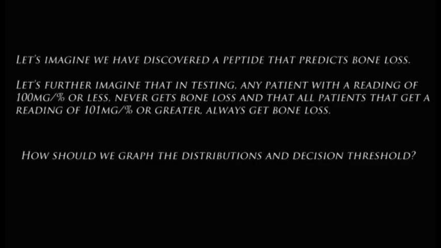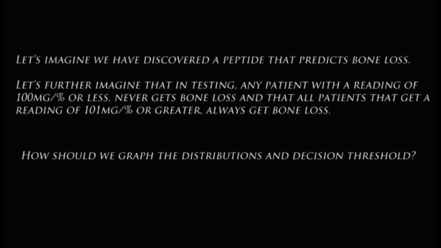So let's use an example. Let's imagine that we're from California and we're working in our garage late at night at 2 o'clock in the morning when everyone else is asleep, and we have found a peptide that predicts bone loss. You go into the gingival sulcus, you find this peptide, and you've tested these patients for 10 years, and now you realize a stunning fact, that any patient that has a reading of 100 milligrams or less, they never get bone loss.